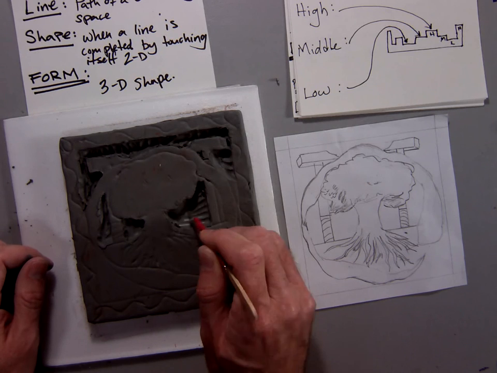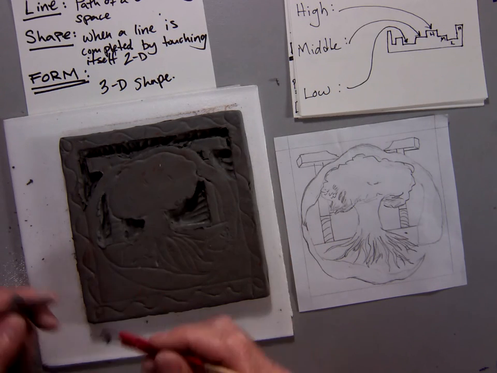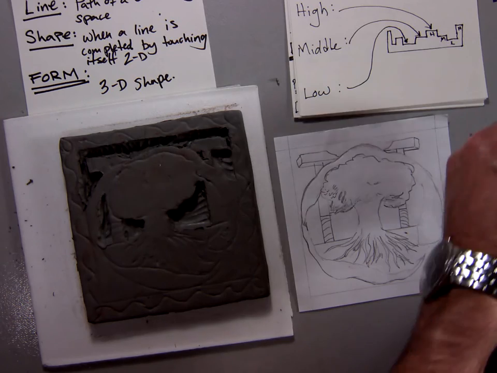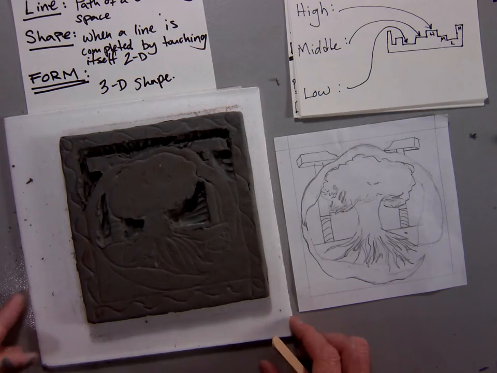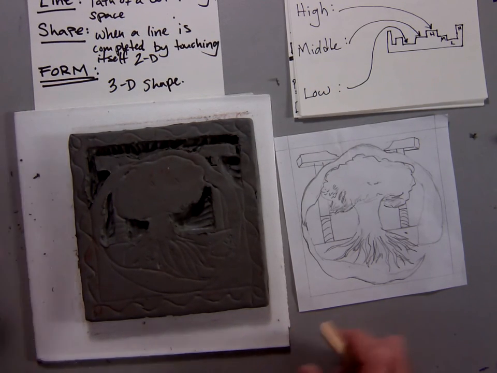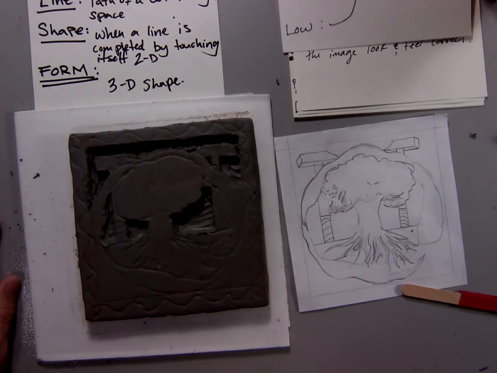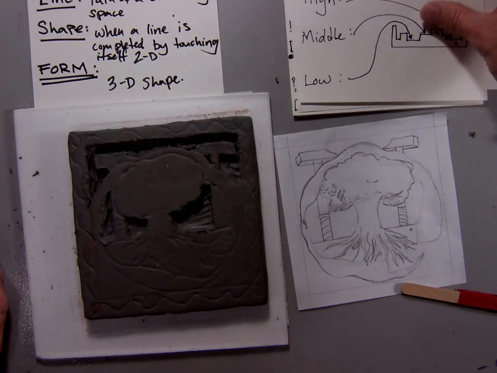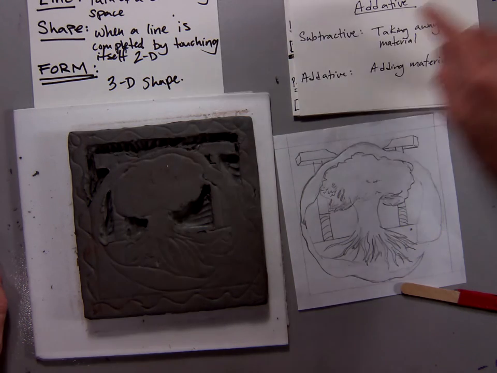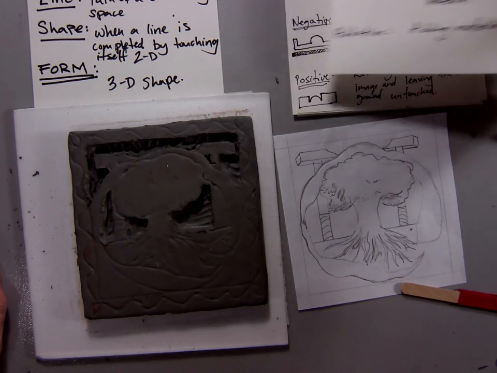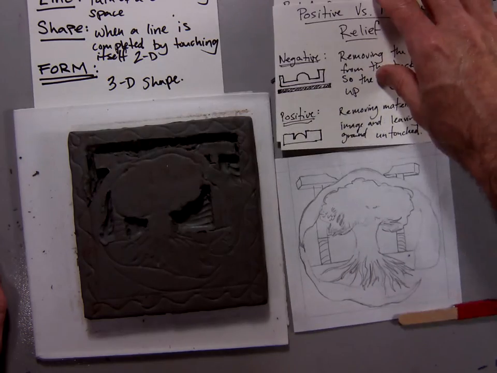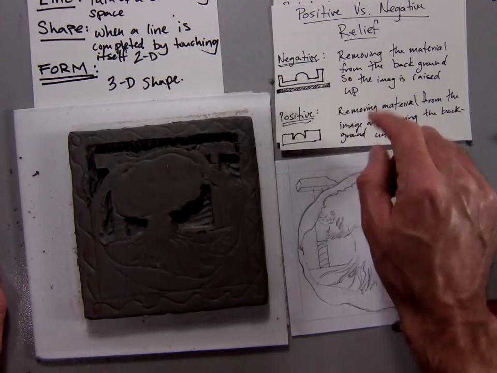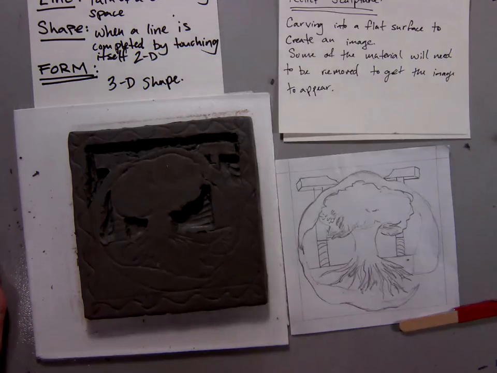Okay, so I'm going to stop the video there. I think you've got pretty much a good idea of what your goal is. You are carving down your lowest level first, so that gives you a border for the other 3 levels. You are doing subtractive sculpture, taking away, and you are doing negative relief sculpture where you're starting to remove the background first.